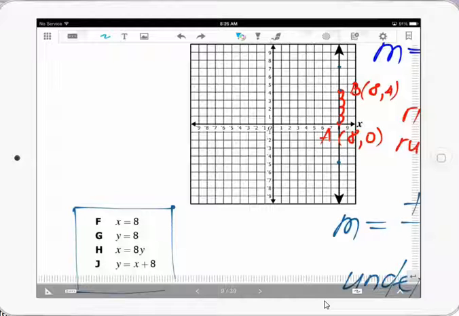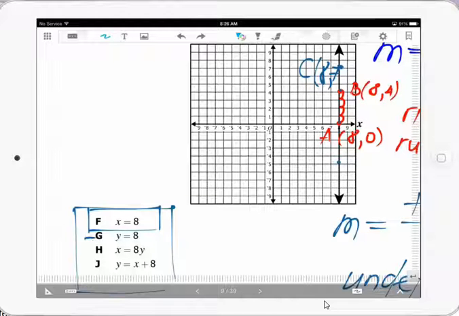What do you notice? Point A, x equal 8, point B, x equal 8, and any other point, if you go with the point C here, its x will also be 8, and obviously the y will be 7 because we choose the point right there. And I will say yes, F is the answer to this problem.